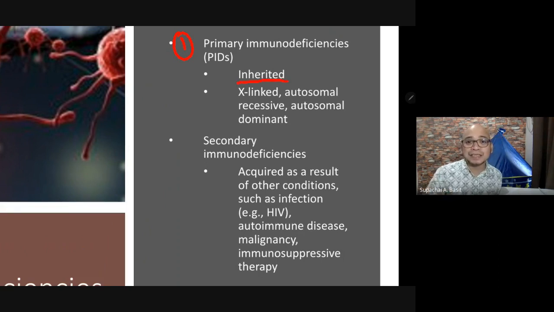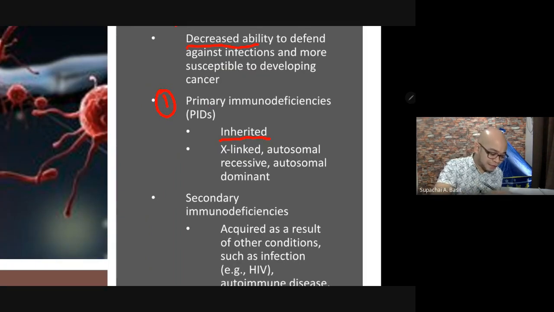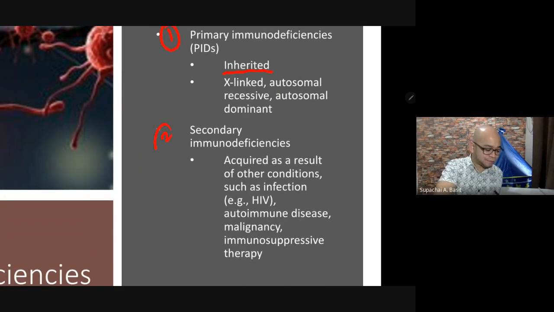We are genetically predisposed to get PIDs. It could be attributed to the X-linked chromosomes, or it could be due to autosomal recessive or autosomal dominant genes.